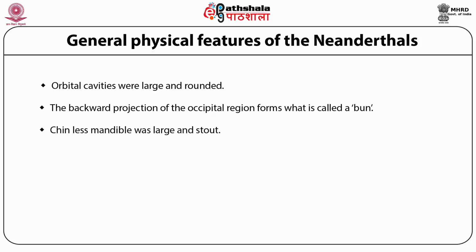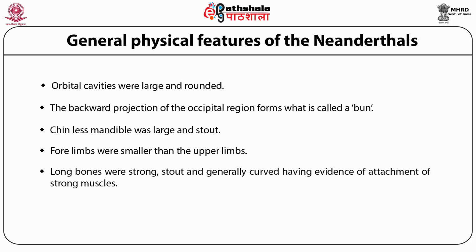The chinless mandible was large and stout. The sigmoid notch was shallow and there was a lack of simian shelf. The dental arch was U-shaped and there was absence of diastema. Long bones were strong, stout and generally curved, having evidence of attachment of strong muscle.